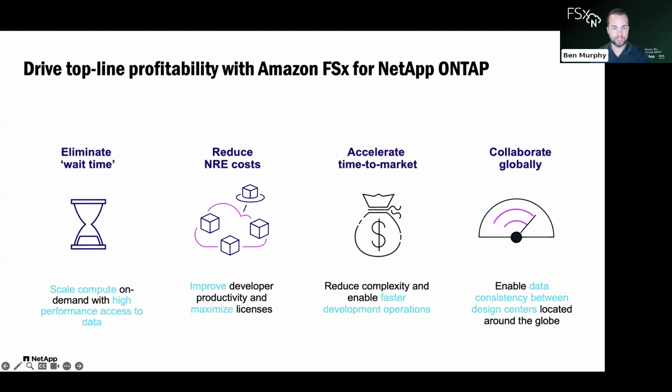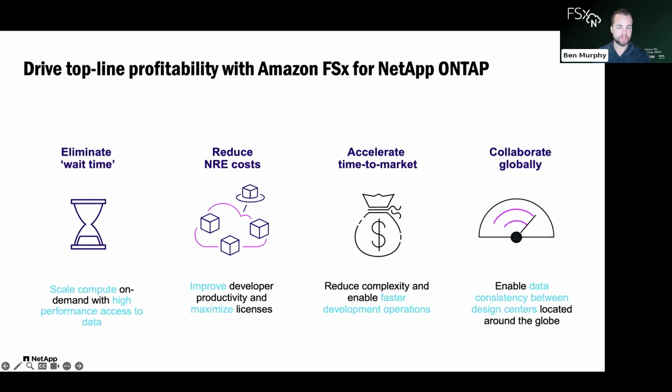We're going to reduce non-recoverable engineering costs by increasing the developer's productivity and efficient utilization of tool licenses. One of the most expensive parts of developing a chip is the cost of the engineers that are employed to do the work. So if we can reduce that wait time, make them more productive, we are effectively lowering the cost of chip development.